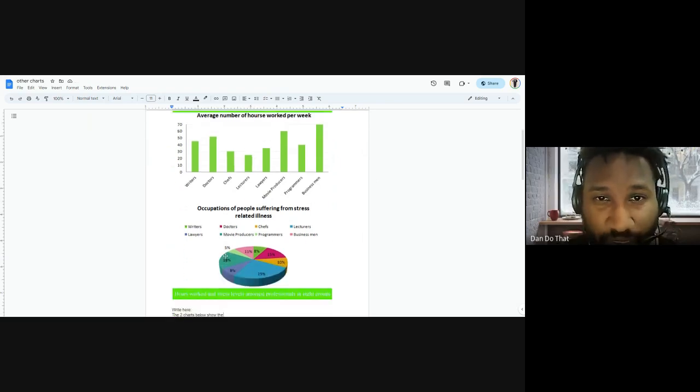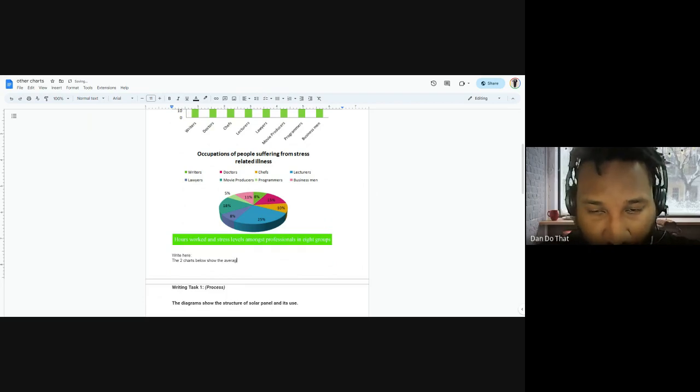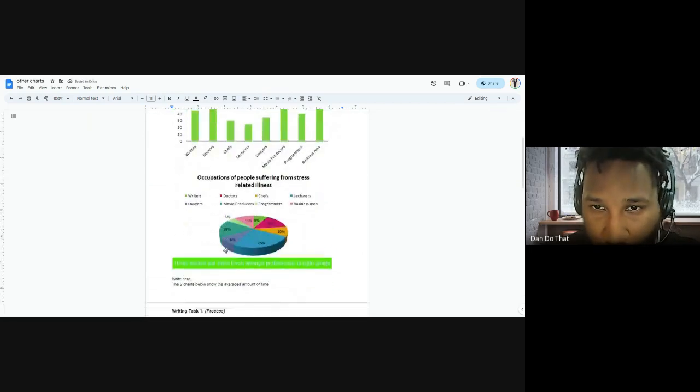The averaged, change average to a verb, the averaged, change number to amount of, change hours to time. What did we change work to?